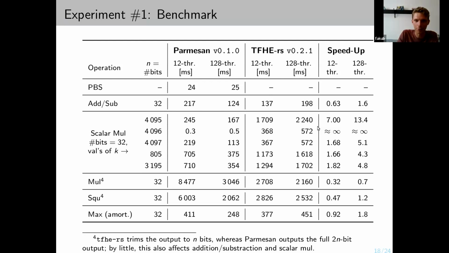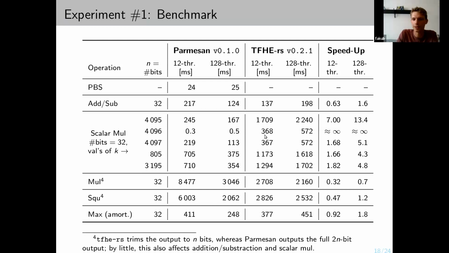So it might be outdated, but I wasn't able to rerun the experiments again and again because the development is very fast. Especially for scalar multiplication, I heard there are some improvements. So, for example, for this scalar, as I said, 4096, this is 2 to the 12th. This should be trivial, which we can see in Parmesan. This is almost nothing.